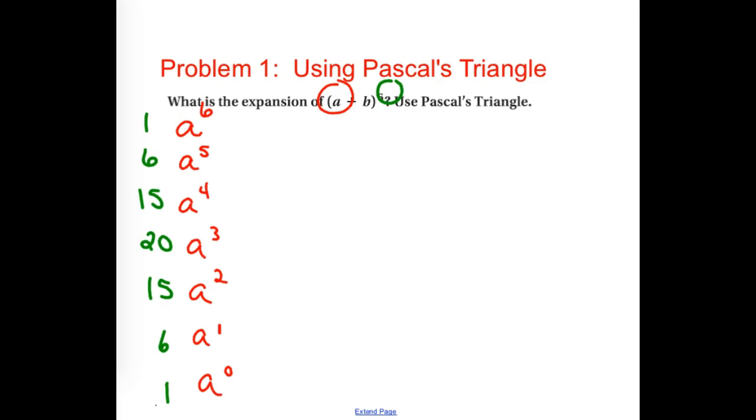My next piece is a positive B. So each of these is going to need a B. But what happens to my powers for the B's? They go in the opposite direction. So I'm going to start with 0 and go up 1 each time.